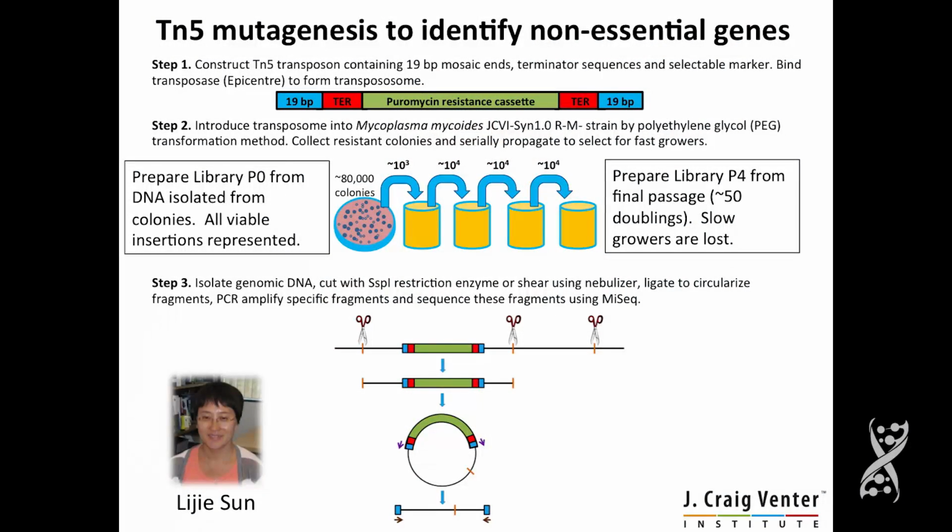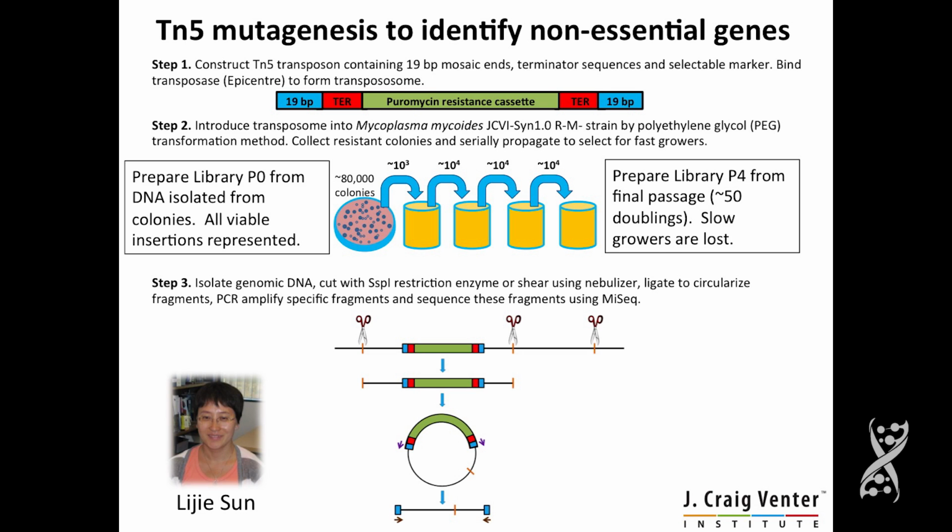We scraped the plates and took an aliquot to pass serially for about 4 days. And at the end of the 4 days, all of the slow-growing mutations dropped out.